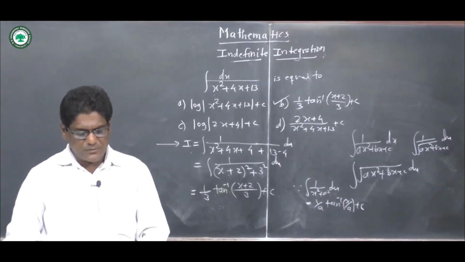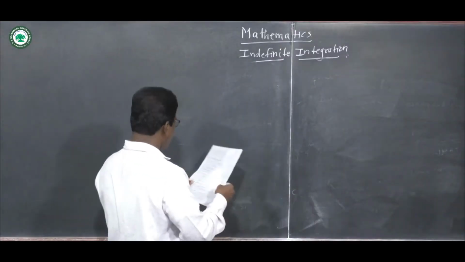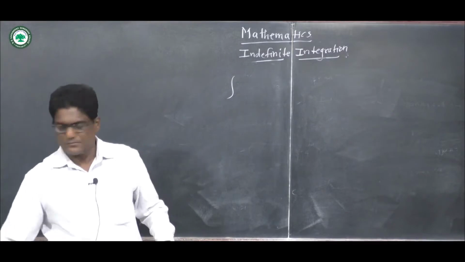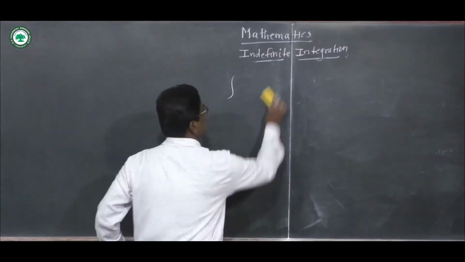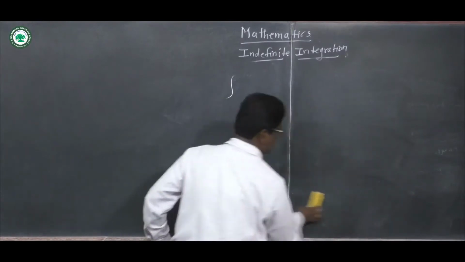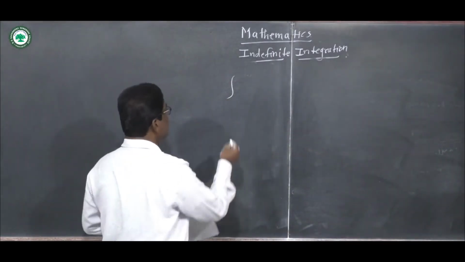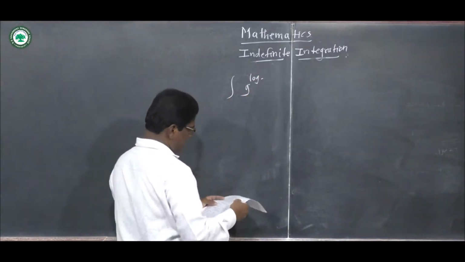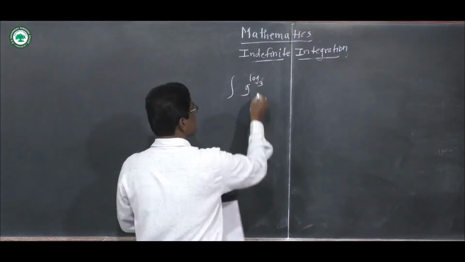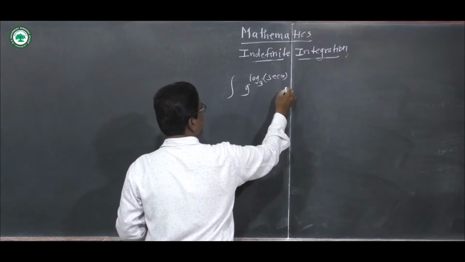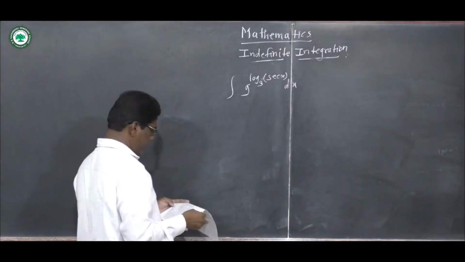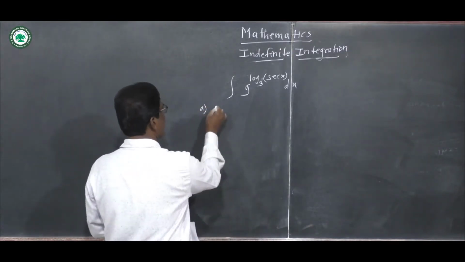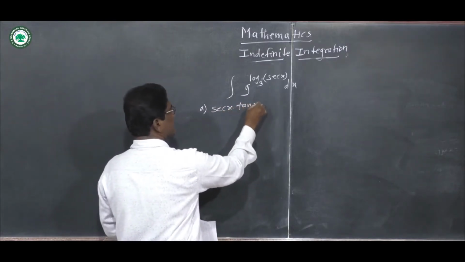Now we see the next problem. Integration of 9 to the power log of sec x to the base 3 dx, and the answers are: A, sec x into tan x plus c.